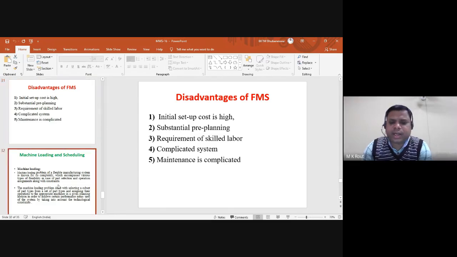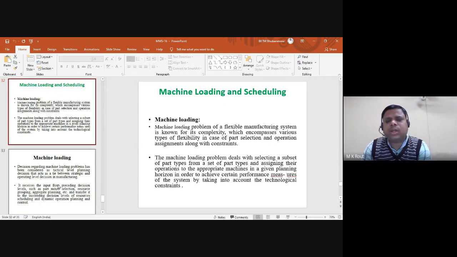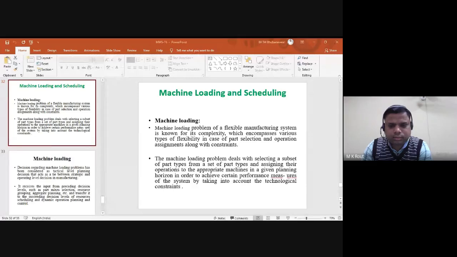Then the next content is known as machine loading and scheduling. Till date, any doubt from your side? Any doubt? Anyone?